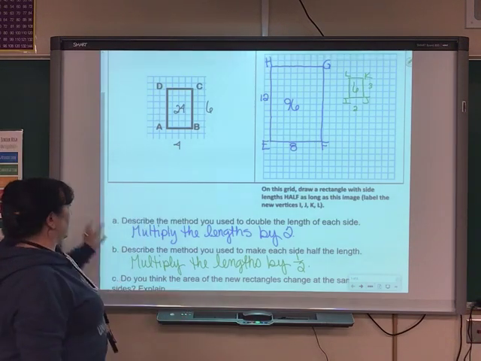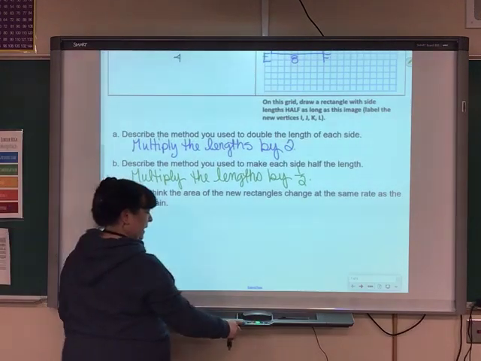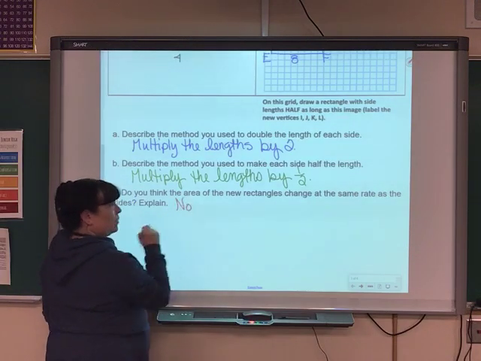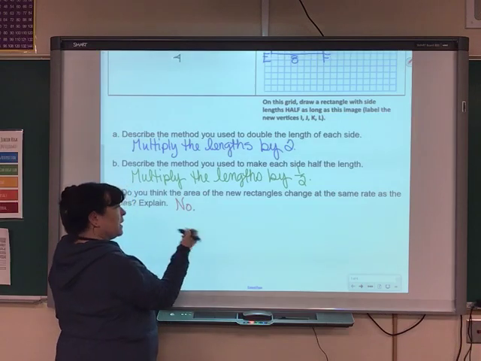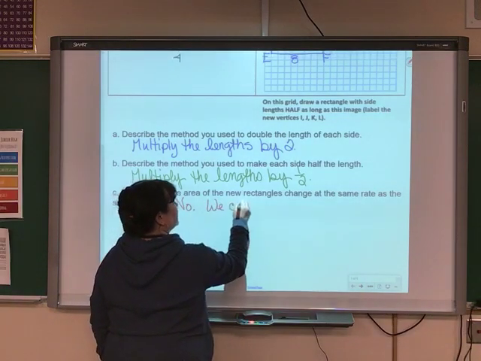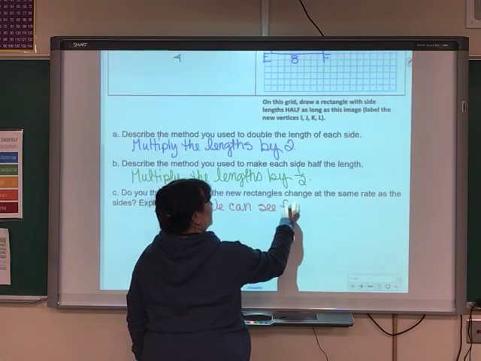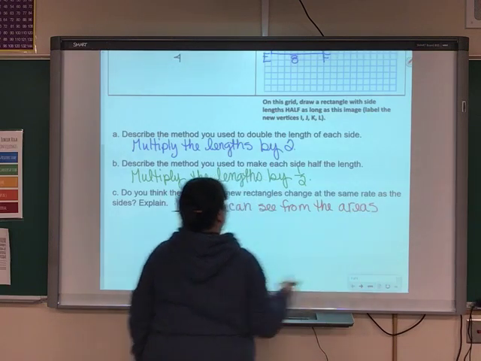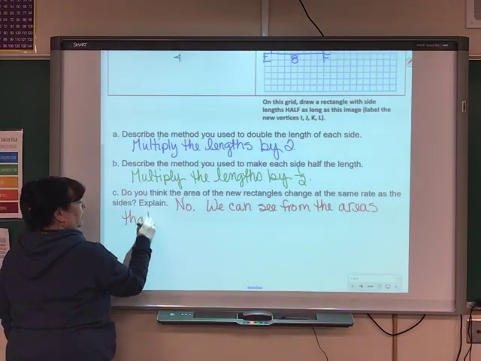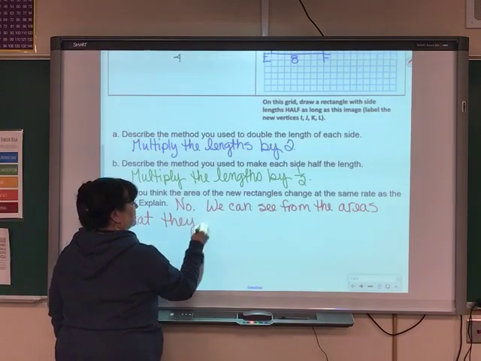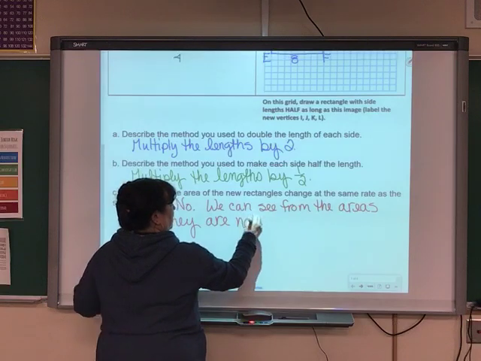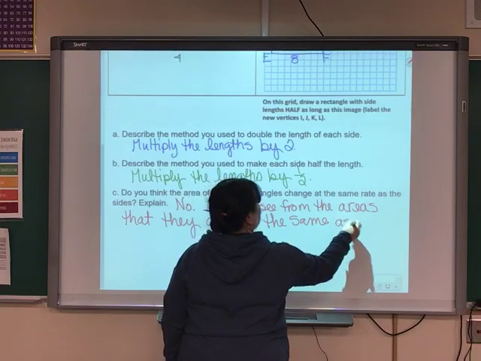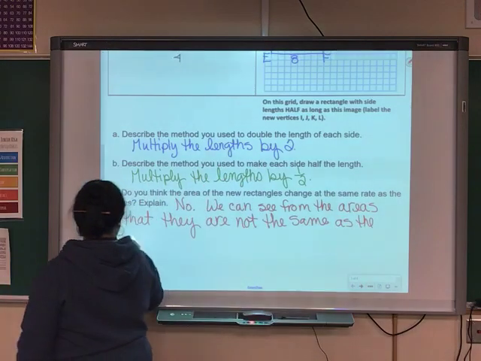So there's something else going on here. So we could immediately say in answer to this, no. And the reason we would explain is we can see from the areas that they are not the same as the lengths.